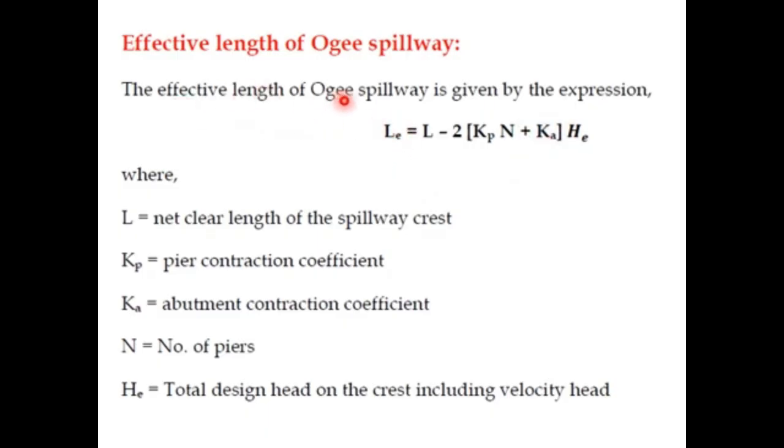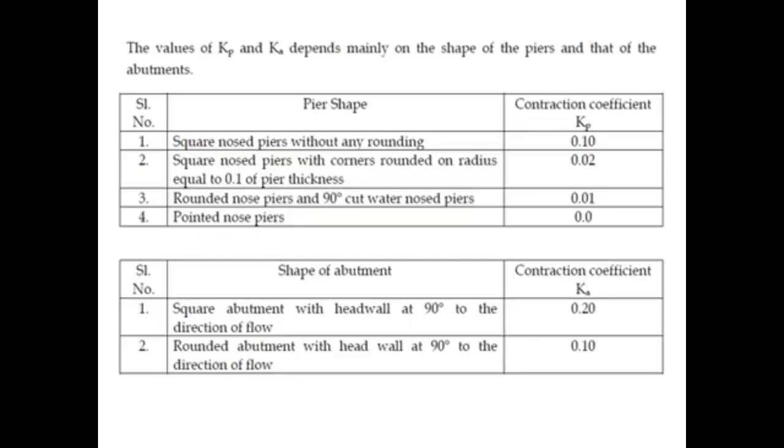Now the effective length of the ogee spillway is given by the total clear length minus the number of piers n, each with 2 contractions, so 2 Kp times n, plus, because there are 2 abutments, 2 Ka, all multiplied by He, where He is the total design head on the crest, including the velocity head.